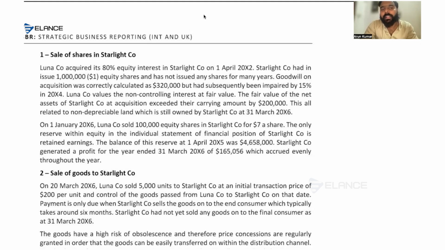320,000. So the goodwill at disposal should be 320 minus the impairment of 15%.